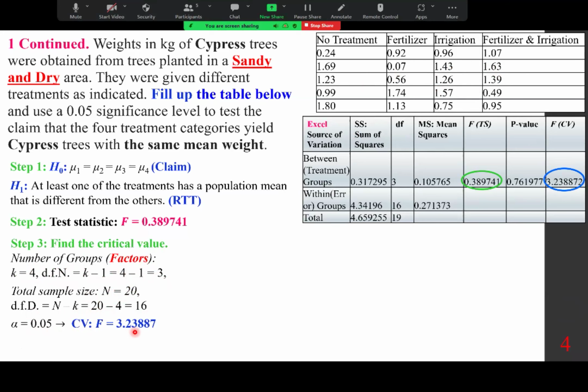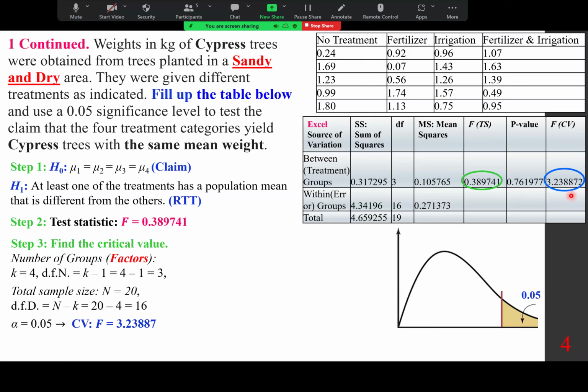And of course, it doesn't have as many decimals as what we have here, but ultimately it's the same. So if we were to do the graph, we notice that the critical value of 3.289 with the alpha of 0.05, test statistic of 0.38971 is way into the non-rejection region.